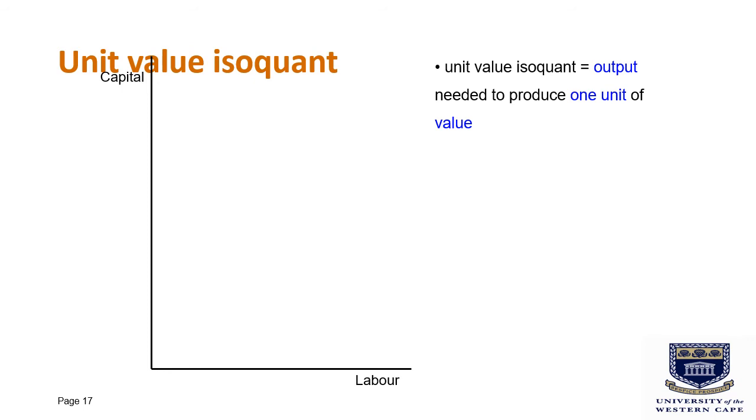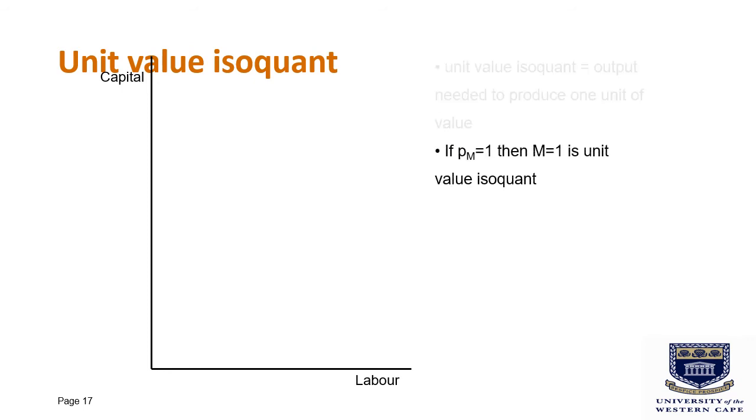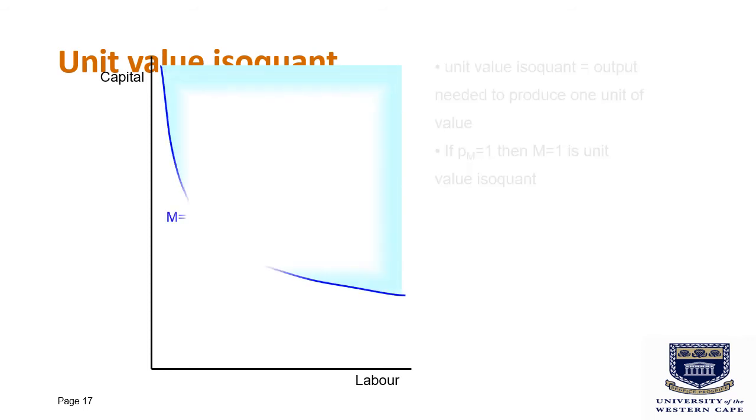So we're valuing the quantity, but it must equal 1. So if price is equal to 1, and the quantity of M is equal to 1, then we have a unit isoquant, because 1 times 1 is 1. That's what we want to end up with. You want price times M to be equal to 1.